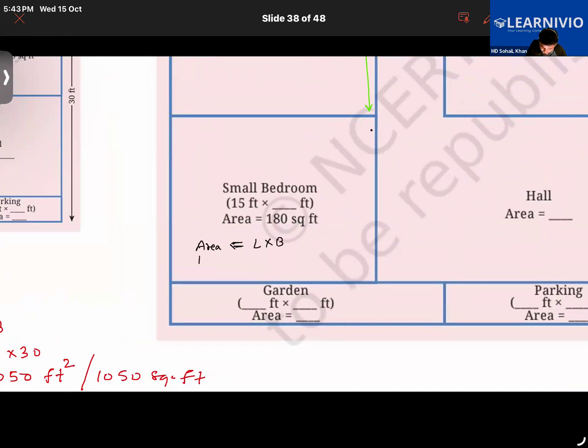The area given here is 180, the length given is 15, and the breadth is not given here. So we divide the area: 180 divided by 15, and hence we get 12. So thereby the breadth is equal to 12 feet.